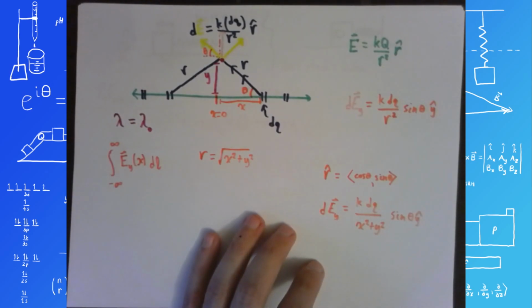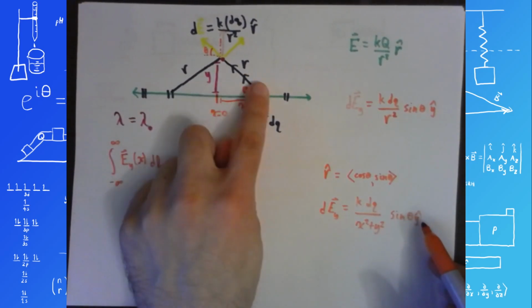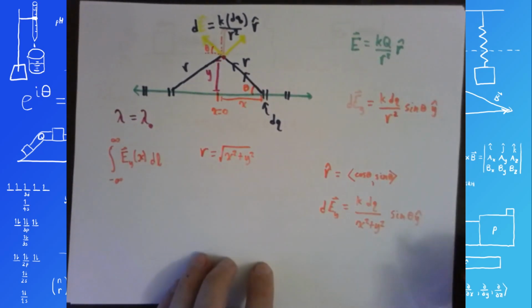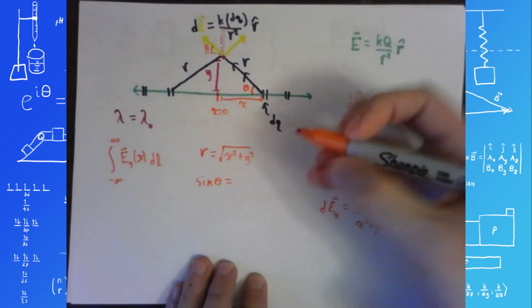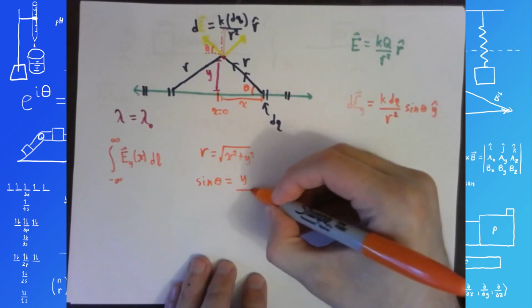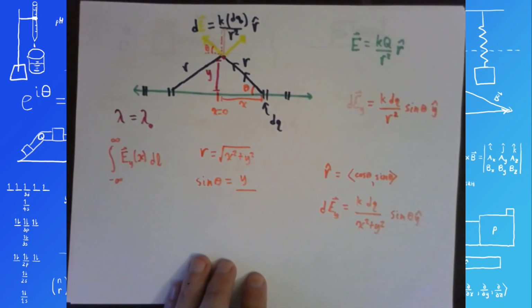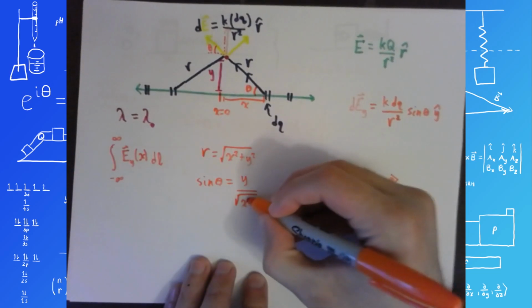I think what I'll do is I will say, since sine of theta equals opposite over hypotenuse, I'm going to replace sine of theta with, let's see, opposite to it is the y, and the hypotenuse is r, which is the square root of x squared plus y squared.